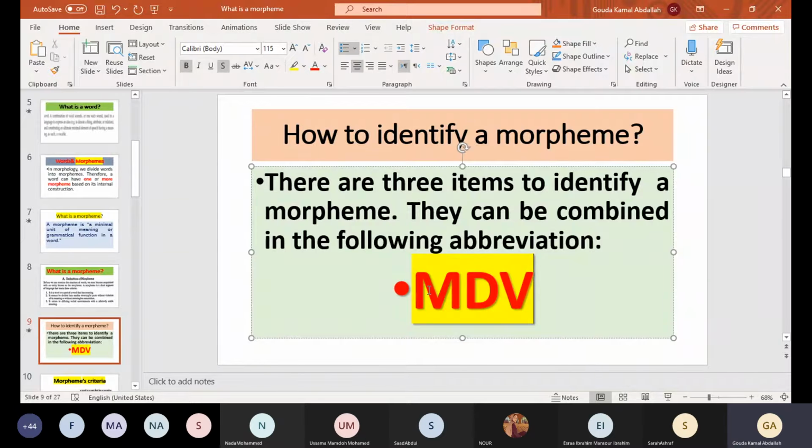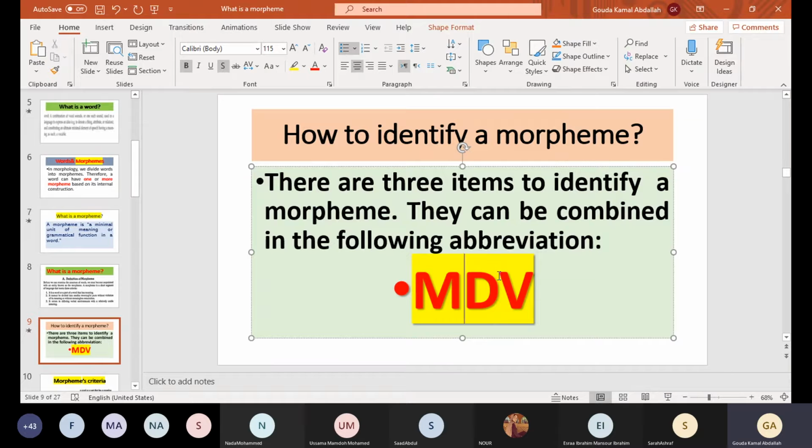M: a morpheme must have a meaning. D, can you guess what the D condition is? Divided. It cannot be divided into a smaller unit. And the V: it has the same meaning in different verbal contexts.